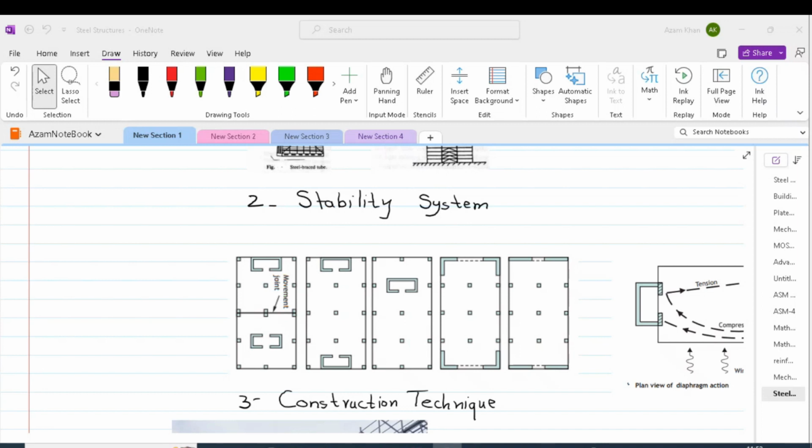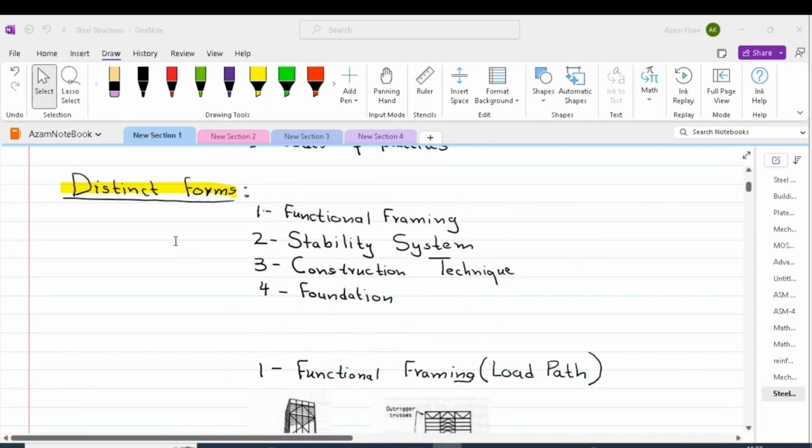So, to summarize, our stability system can have a lateral stability system involving bracing systems, shear walls, and moment resisting frames. It can have vertical stability systems involving columns, beams, and foundation systems. So far, in our parameters distinguishing one form from another, we have discussed the functional framing and stability systems.